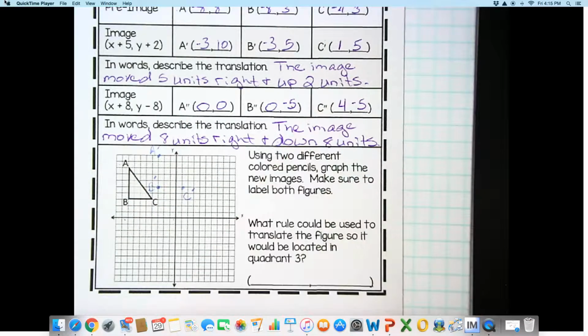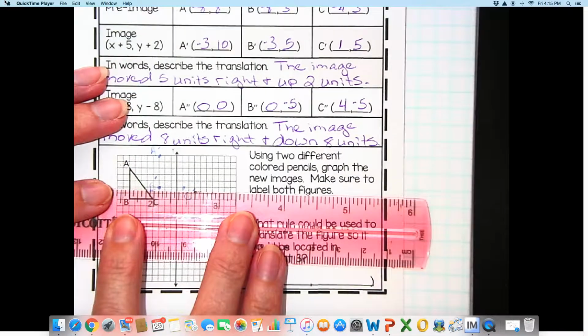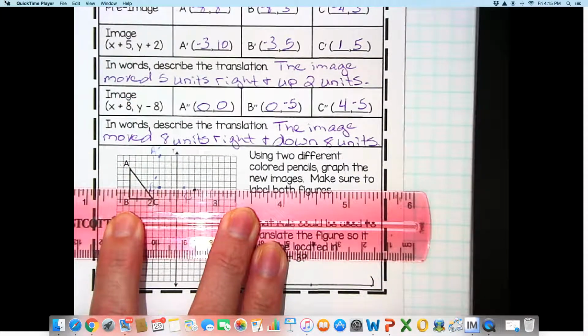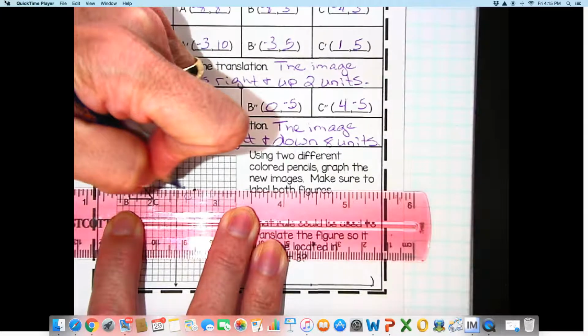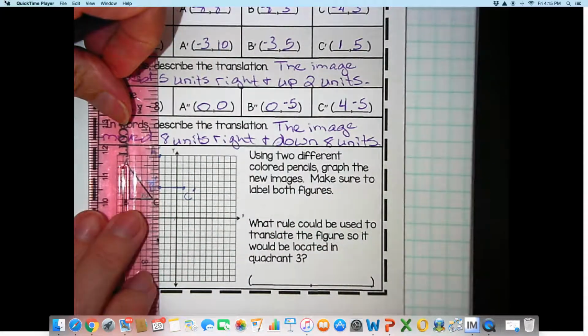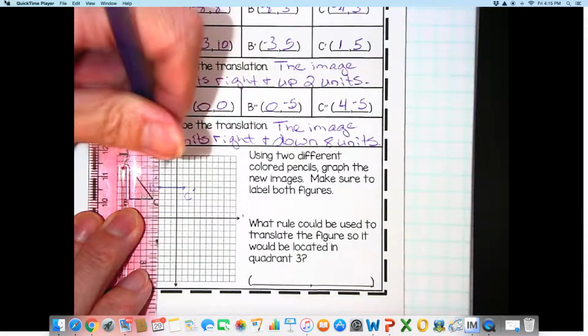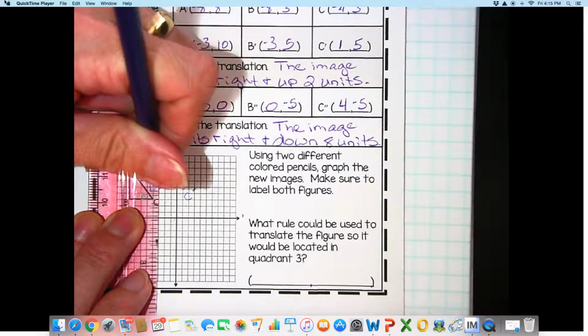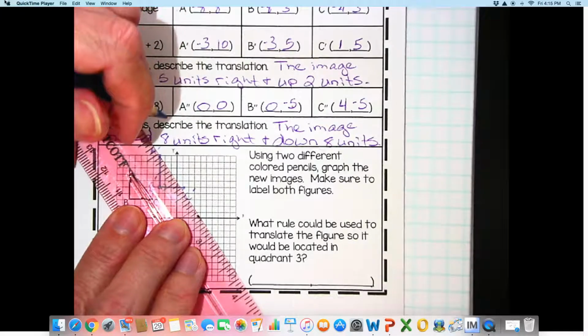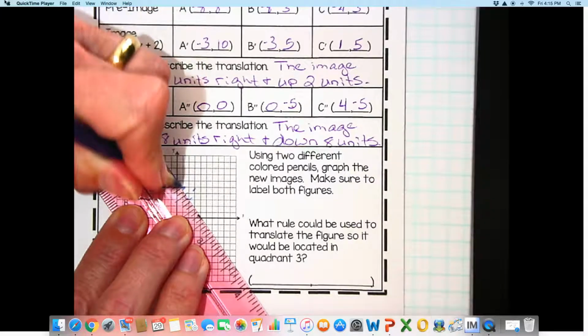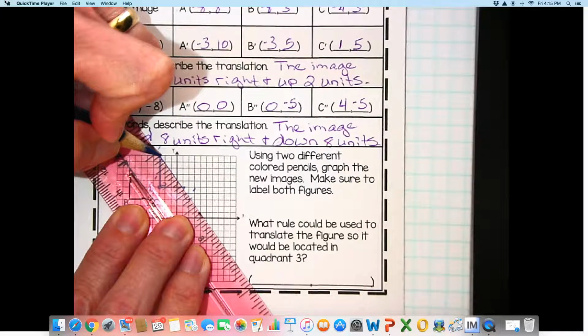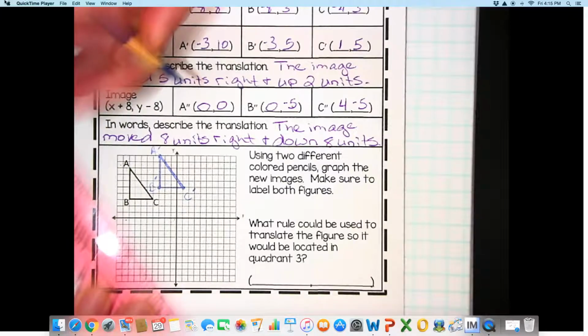Okay, so now I'm going to take my ruler and I'm going to draw that triangle. So I'm going to connect B to C and A to B, or I should say A prime to B prime and A prime to C prime. And that's not exactly lined up. There we go.